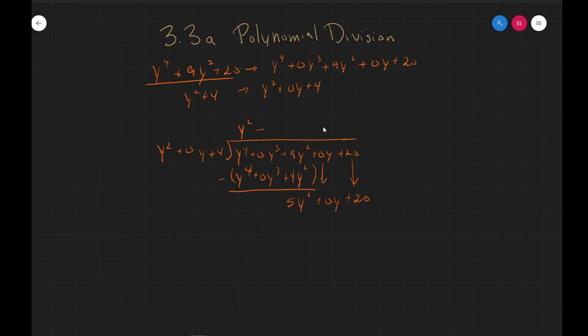So something times y squared is 5 times y squared. 5 times y squared is 5y squared. 5 times 0y is 0y. And then 5 times 4 is 20. So 5y squared plus 0y plus 20, we're going to subtract that from 5y squared plus 0y plus 20, and we're going to get 0.